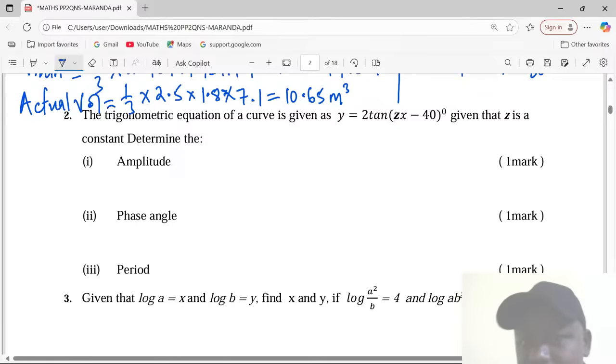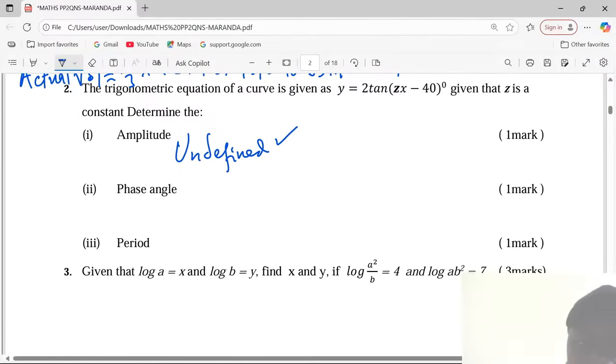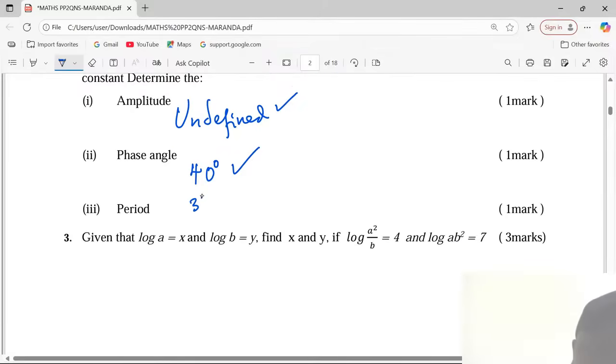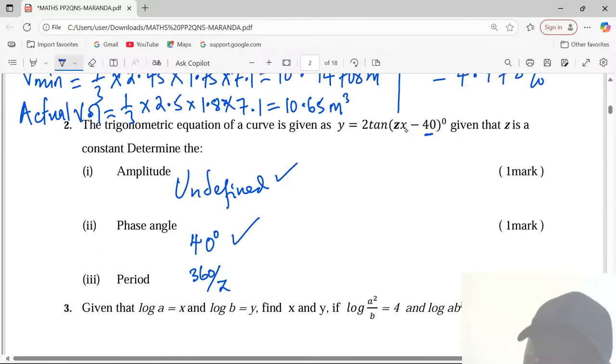So for a tangent function, the amplitude will be undefined. The phase angle can be read from this part, whereby we pick the absolute value of the angle stated there, which is just 40, and the period should be 360 out of the constant that multiplies x, z.